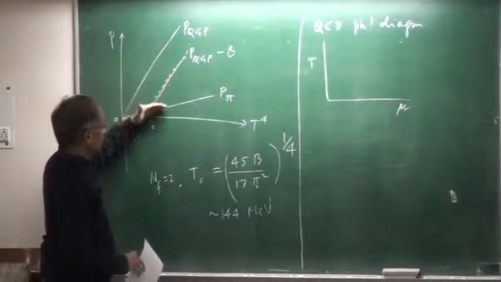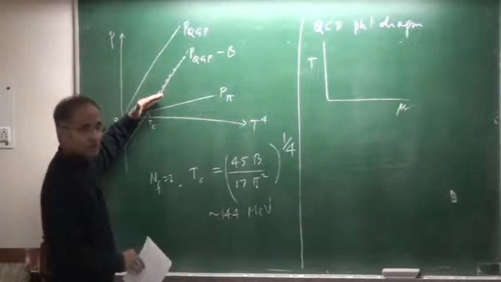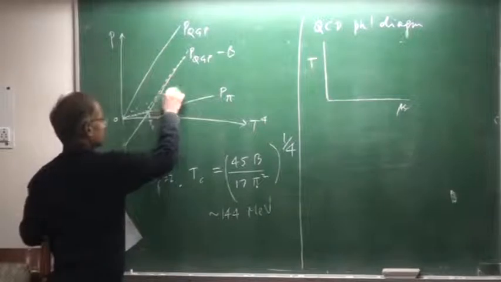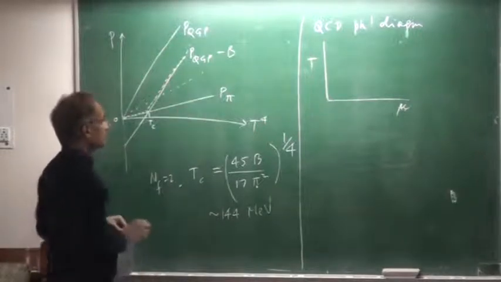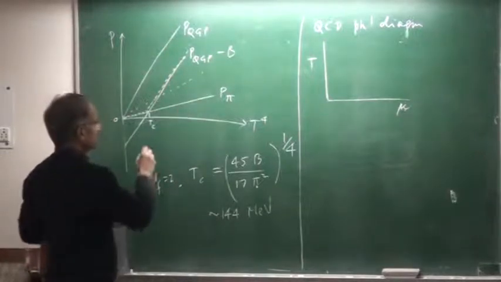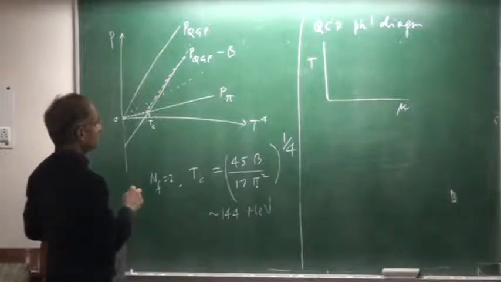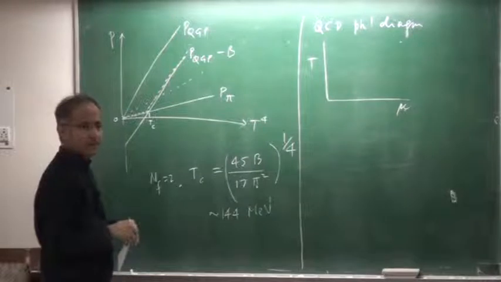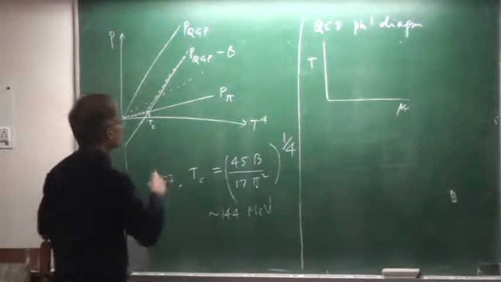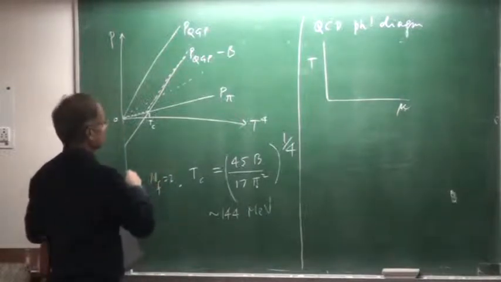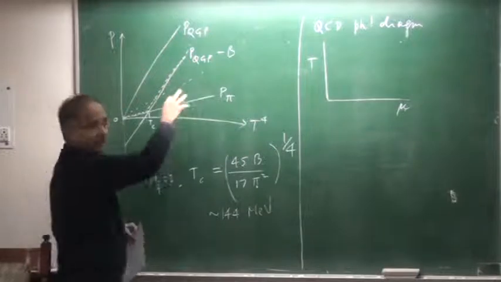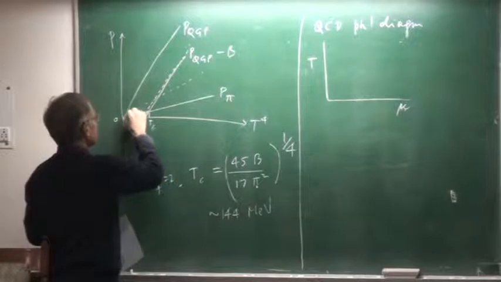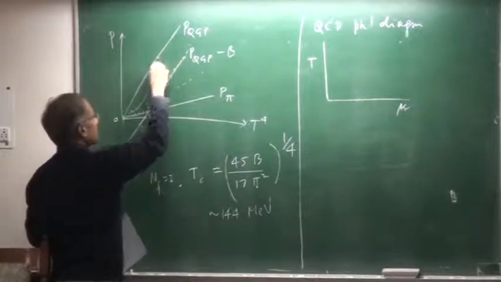If I take all the other resonances in the hadron gas phase, then normally around 144 to 155 MeV it smoothly matches to the quark-gluon plasma equation of state, without back pressure. So you are saying it will go like this and then match.